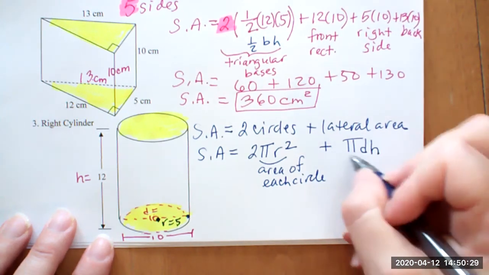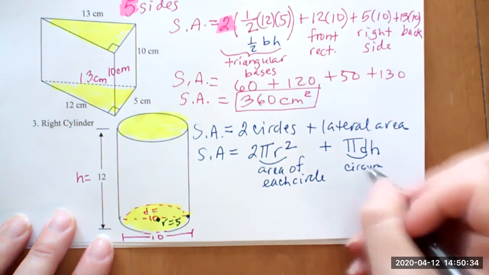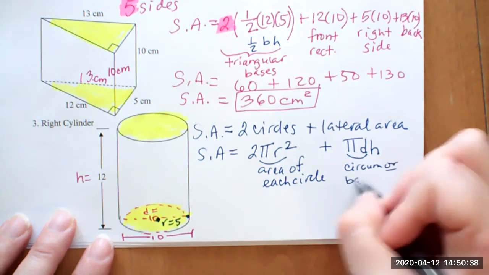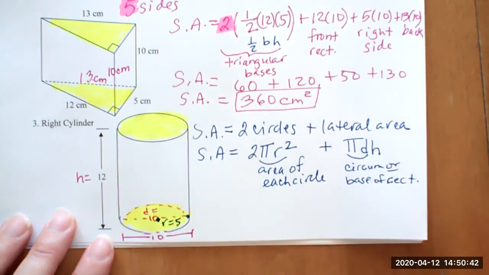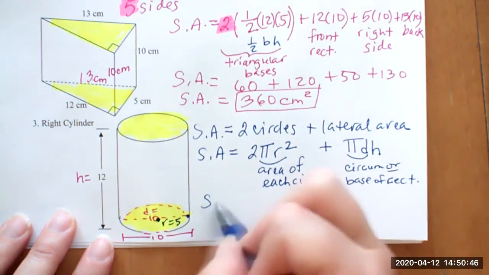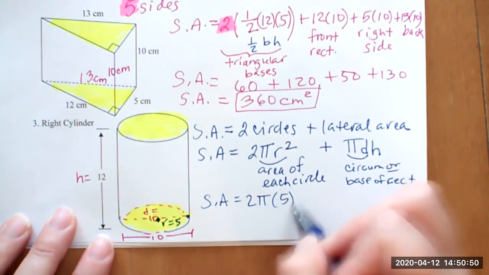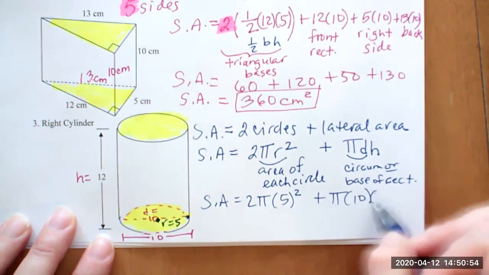This is the circumference of the circle, which is also the base of the rectangle. And this is the height of the rectangle, which is also the height of the can. So I'll just fill in what I know. The radius is 5 units, so I'll square that. The diameter is 10 units. The height is 12 units.